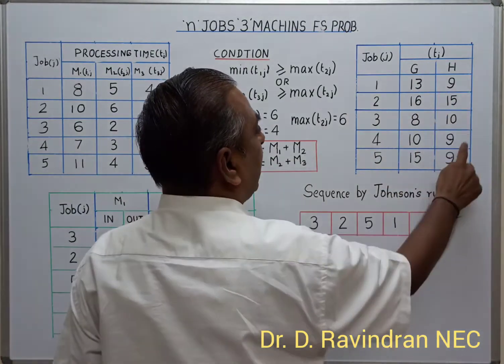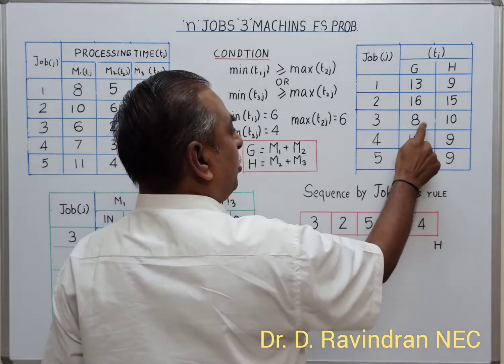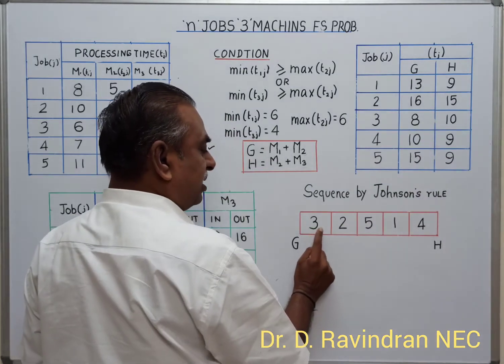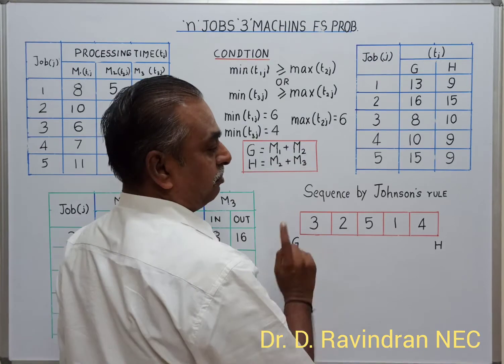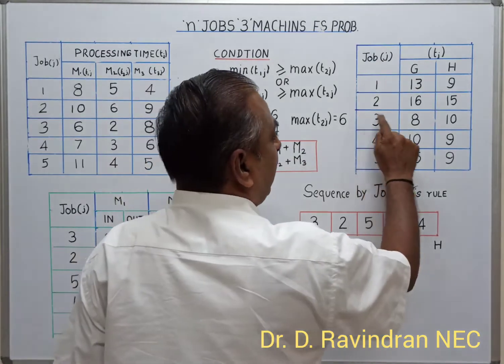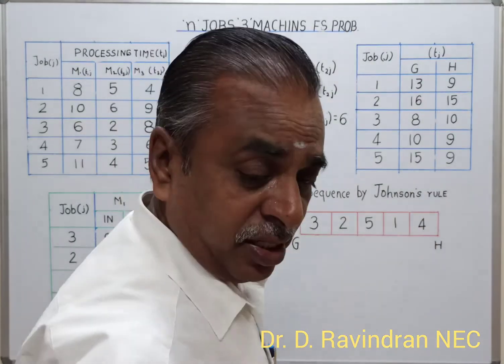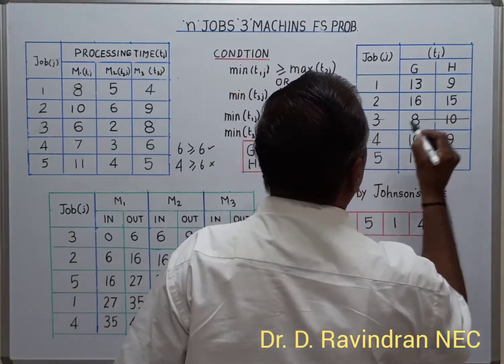Among these, the minimum processing time we have to identify is 8. So 8 is associated with G, so here, near G, that is first, we have decided to process job 3. Now we can strike this off, and among the other 4 jobs we continue.